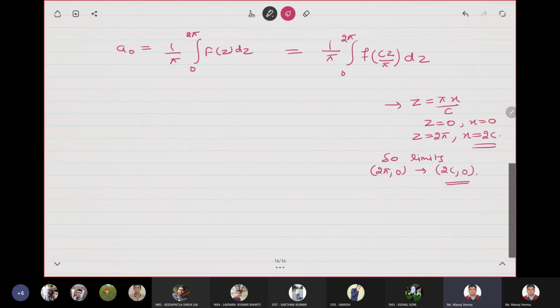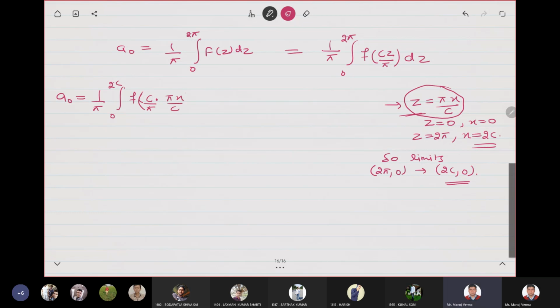So if I insert this, and of course z is equal to pi x by c, and change the limits, the value of a naught will become 1 over pi, with limits 0 to 2c, f of cz by pi, times c by pi, and the value of z was pi x by c.